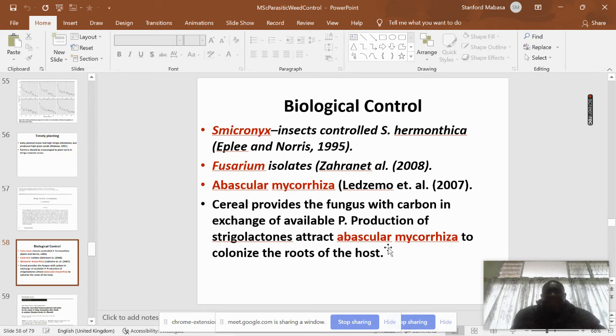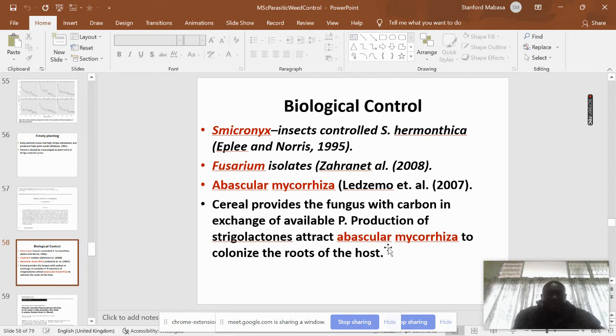Their function is that they can extract phosphorus from those soils and make it available to the plant in exchange for carbohydrates from that plant. So basically, the plant will benefit from the uptake of phosphorus.